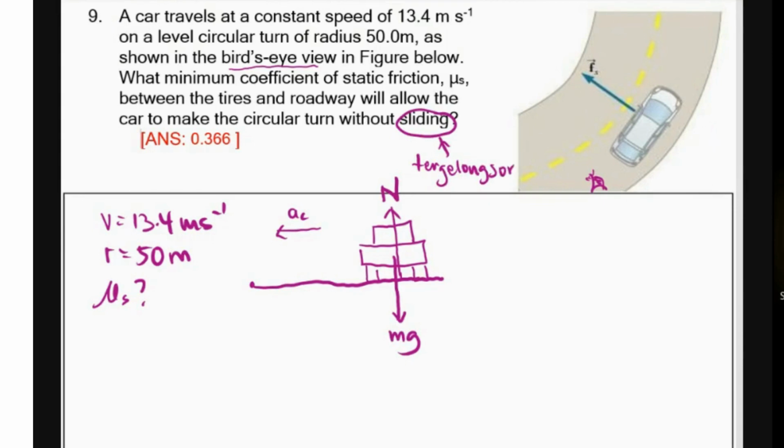So you have to know the direction of friction by knowing the direction of motion of the car when it is sliding. When this car wants to make the left turn, based on the picture here, the car wants to turn left, but the body of the car will slide to the right.